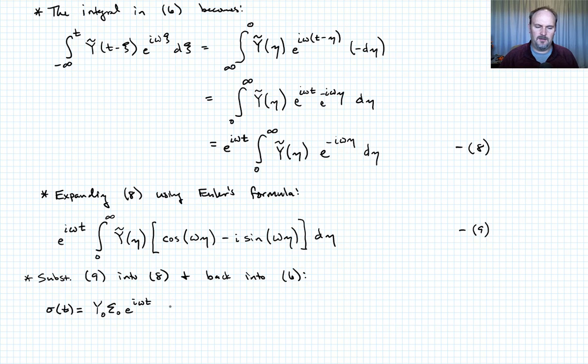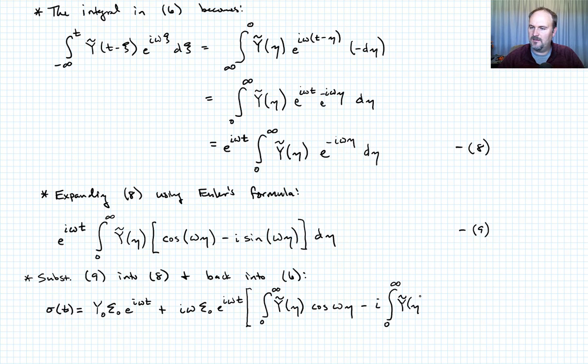And then plus that term i omega epsilon naught, and then I now have e to the i omega t times the integral from 0 to infinity of y tilde of eta times the cosine of omega eta, minus, I can pull that outside of the integral, the integral from 0 to infinity of y tilde of eta times sine omega eta. And I should go back and put a d eta here as well.